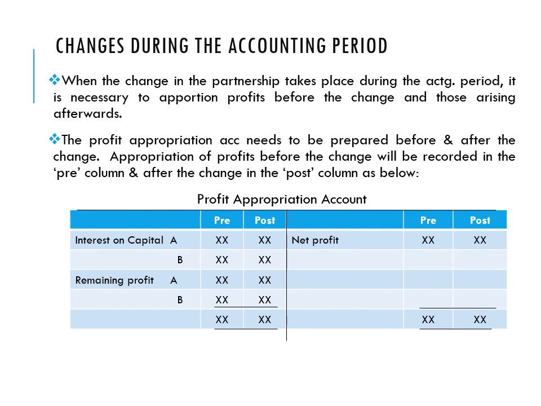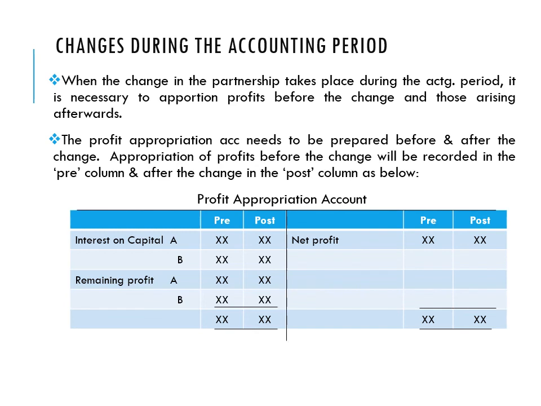There are additional issues about preparing the partnership accounts that you need to be aware of, especially if there is a change during the accounting period. If you notice that there's a change in the partnership during the accounting period, you have to apportion your profits before the change and those arising afterwards.